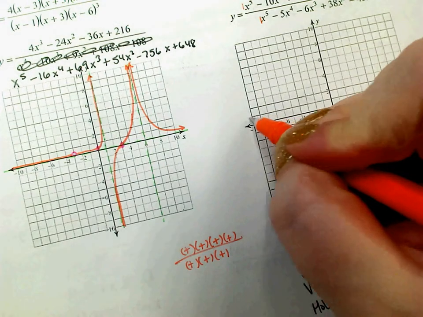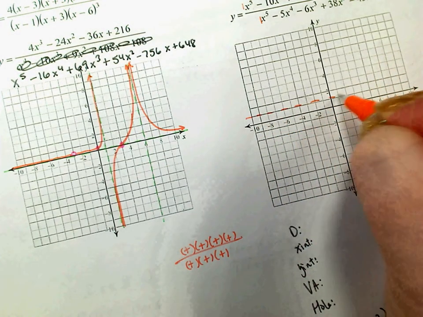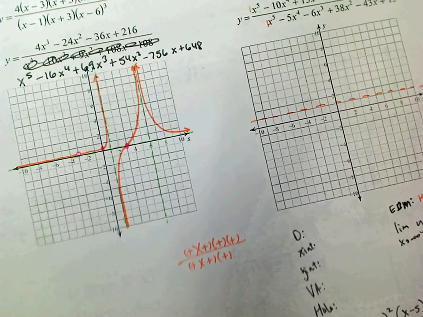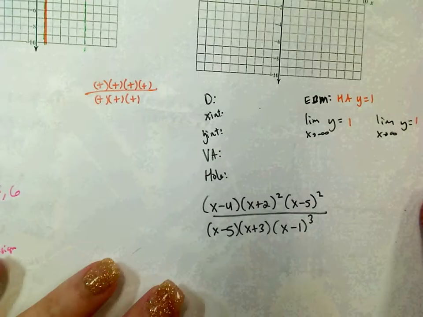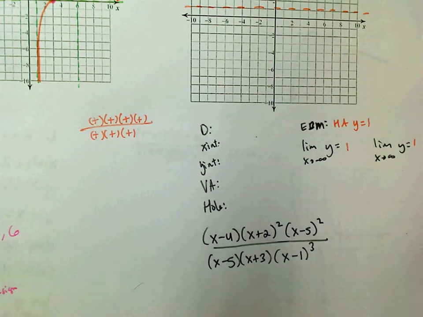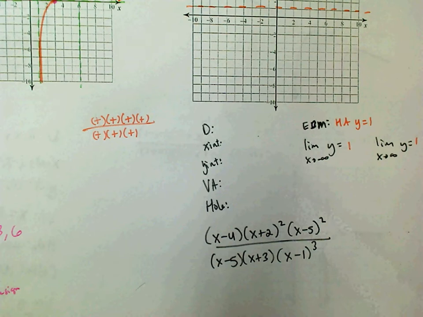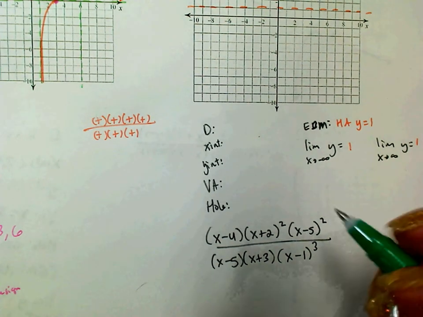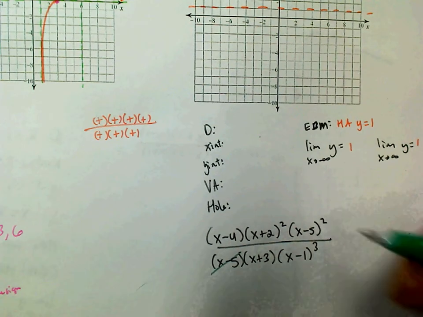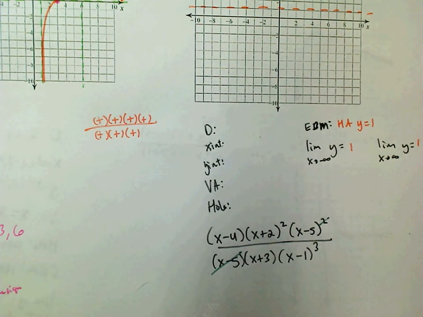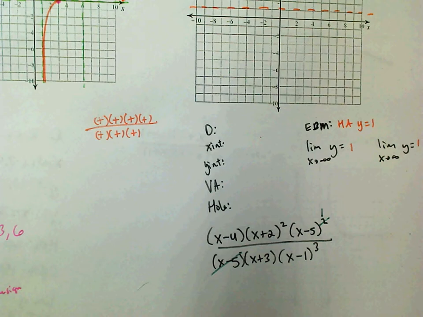Okay? I'm going to see if I can cancel anything out before I start deciding on the rest of things. Oh, okay, x minus 5. So I have one x minus 5 in the denominator and one x minus 5 in the numerator. In fact, I have another one in the numerator, which leaves me with just one. So, okay, it cancels out from the top and the bottom.